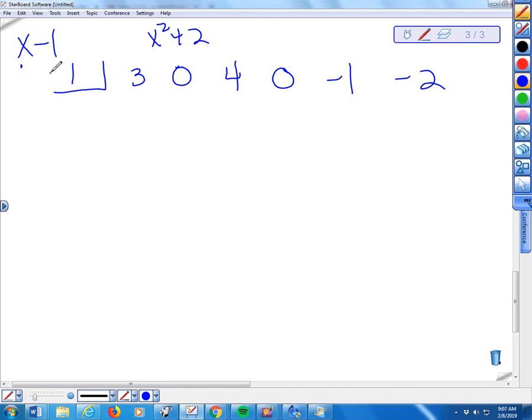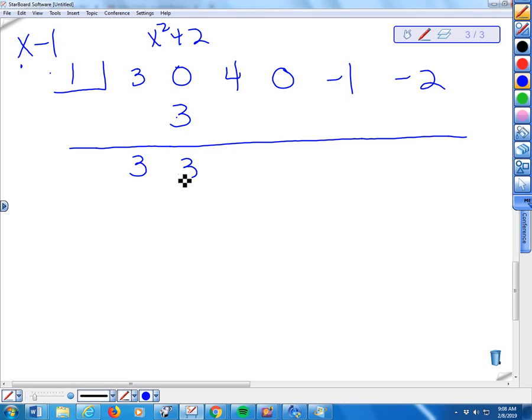Okay. Then I'm just going to draw this line. And the first step, I just bring down the first number. I don't do anything but bring it down. Now, I'm going to take that number, and I'm going to multiply it by 1, whatever's in the box, and I'm going to write that number in the next column. Then I'm going to add these two numbers. 0 plus 3 is 3.